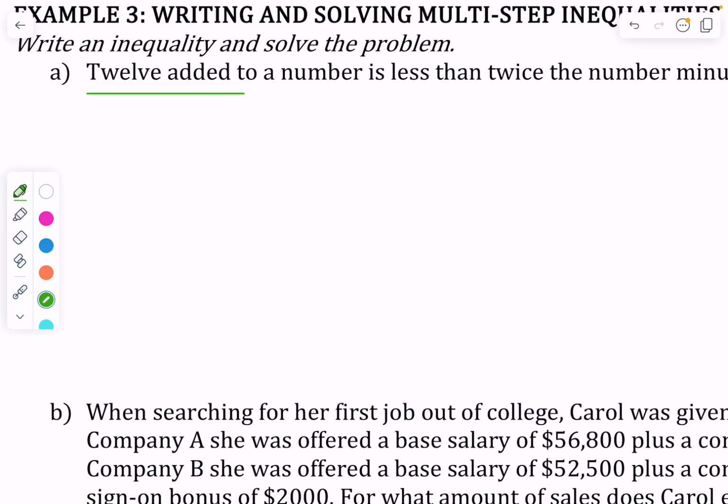12 added to a number. Well, 12 added to, that's plus 12, because that right there is a flipping word. It's part of the FIT acronym: from, into, than, to. So 12 added to a number is really x plus 12. Then we have is less than.